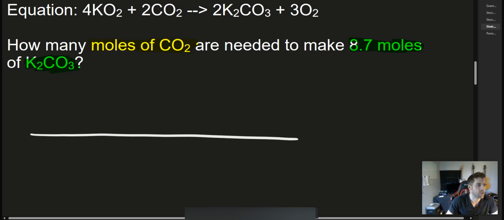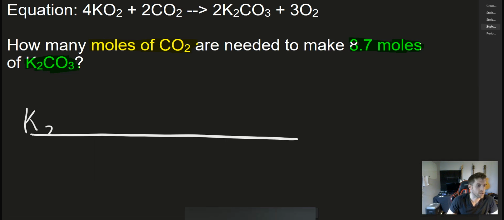So what we can start with here is the given. We can write out our molecule of K2CO3 here.